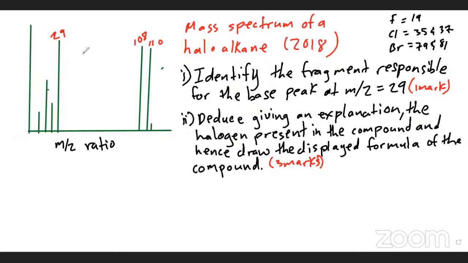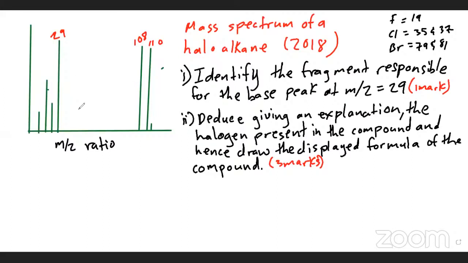Now, a very important thing. By the way, how much carbon is present? Anybody? Two. If you notice, all of this region is empty. That indicates you don't have a lot of carbons, because if you had 4 or 5 carbons in the compound, you would have had fragments in the 40s or 50s or even 60s.